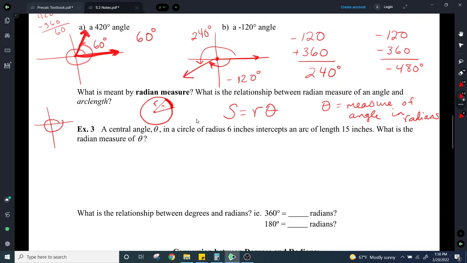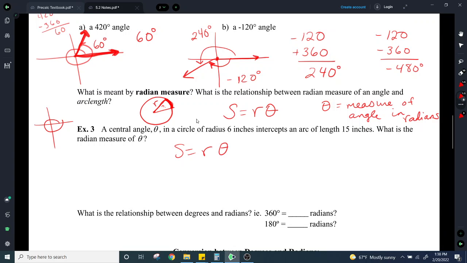So this question says a central angle theta, so that's the angle right here, in a circle with a radius of 6 inches represents an arc of length 15 inches. They're telling you the length of the arc that's cut off by that angle is 15 inches. The radius is 6. And it says, what is the radian measure of theta? So we're going to use that little formula I just gave you.